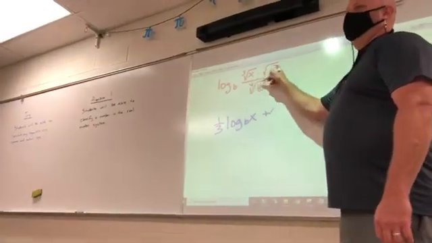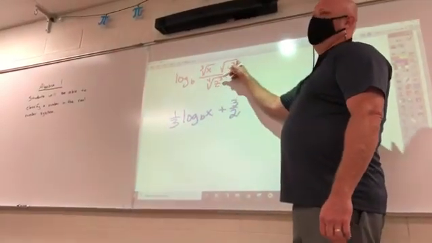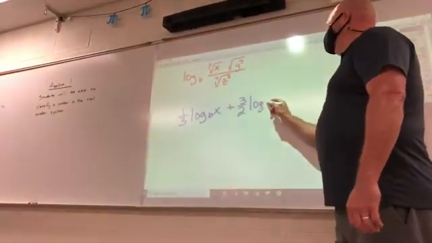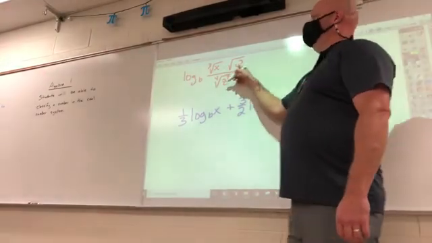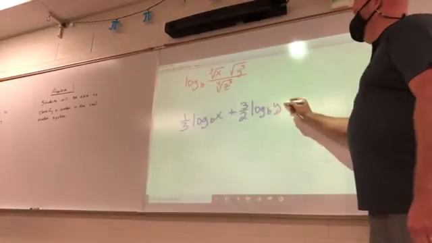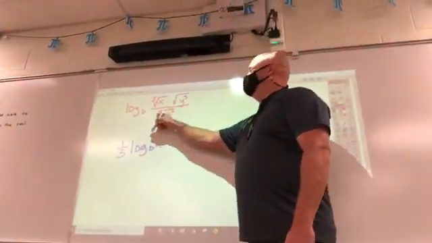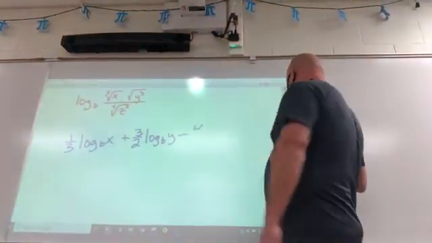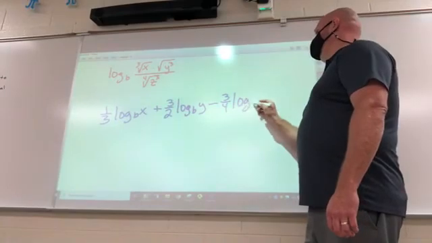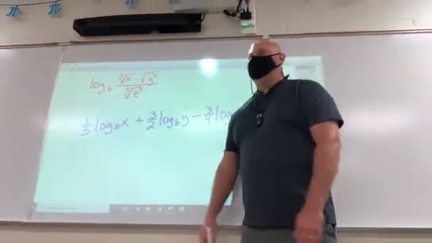Square root of y to the third, that's the same as the 3/2 power, so that would just be 3/2 log base b of y. Divided by means minus. This would be the same thing as the 3/4 power. And then I'd have log base b of z. And that's all I would write.